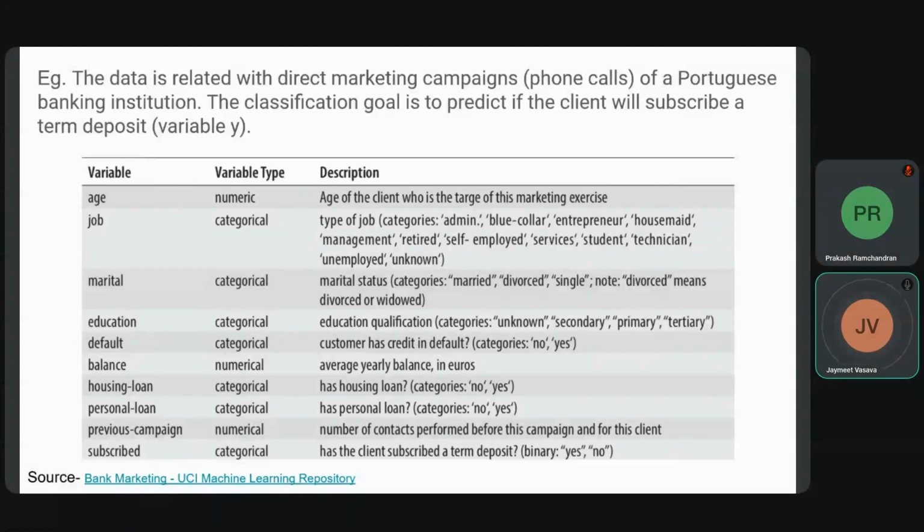Then comes housing loan and personal loan, whether they have it or not. Those are yes or no values, and the same goes for subscribed as well.